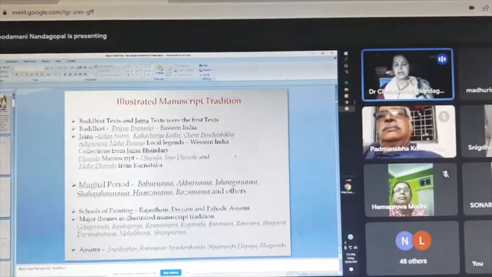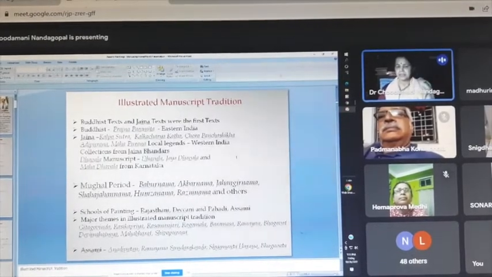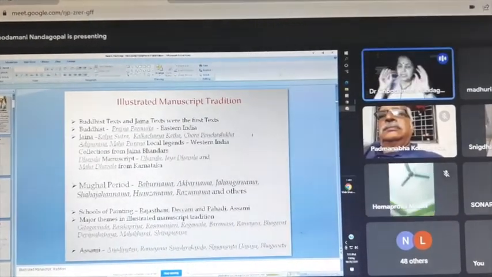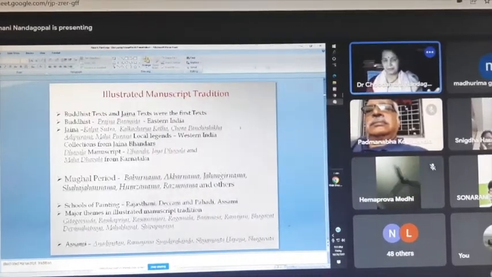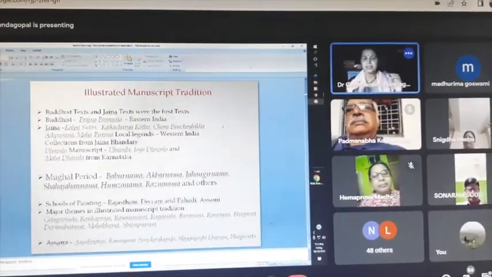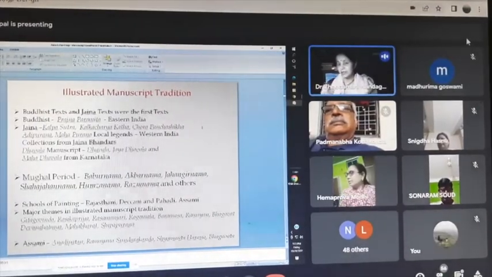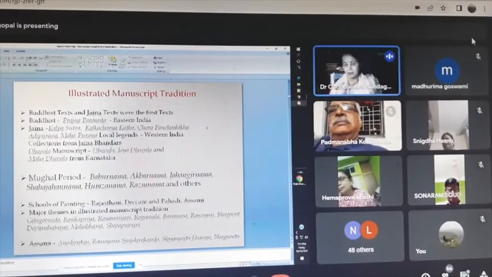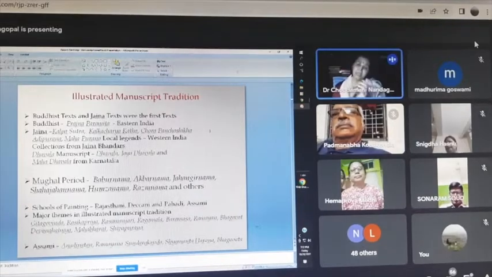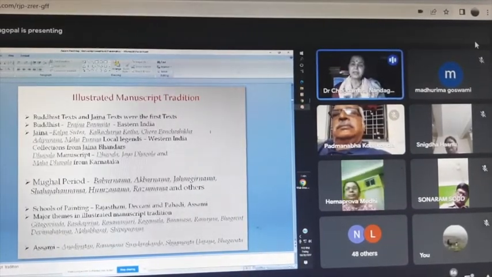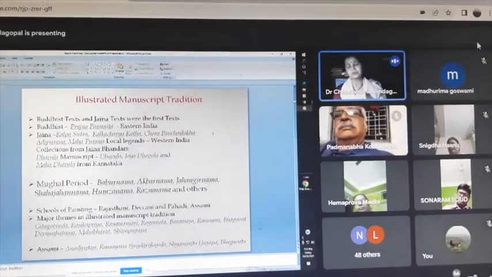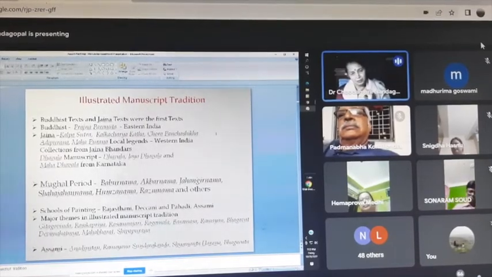As I mentioned earlier, there are Buddhist texts and Jaina texts which were first illustrated. In the Buddhist texts, Prajnaparamita from eastern India was one of the great illustrated manuscripts. You find most of the folios in the British Museum even today.